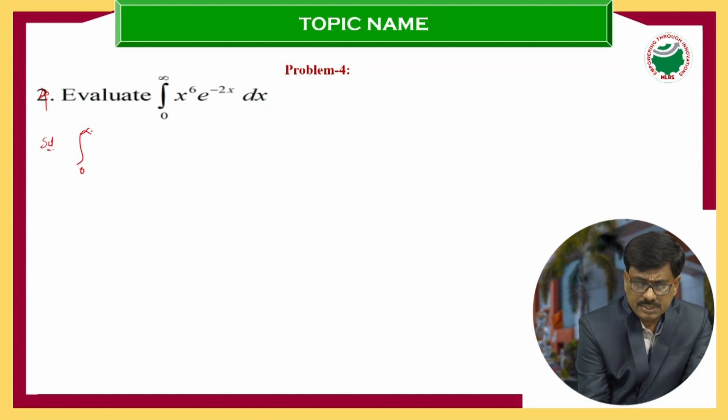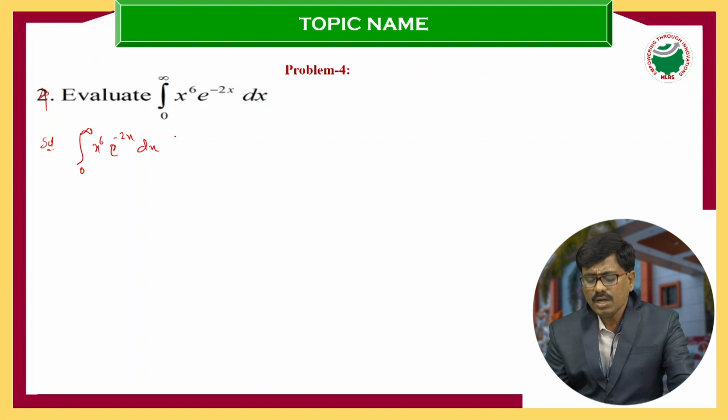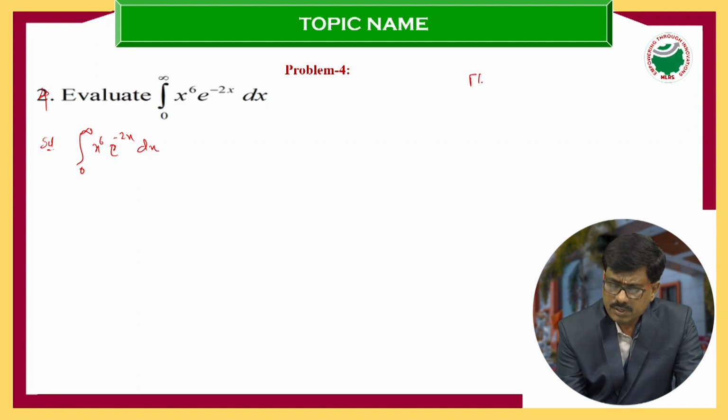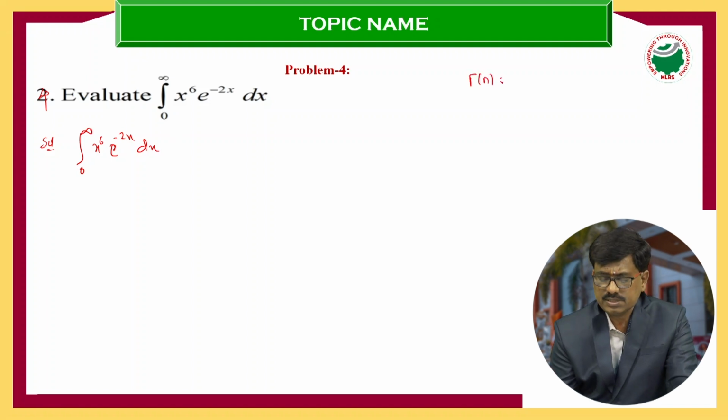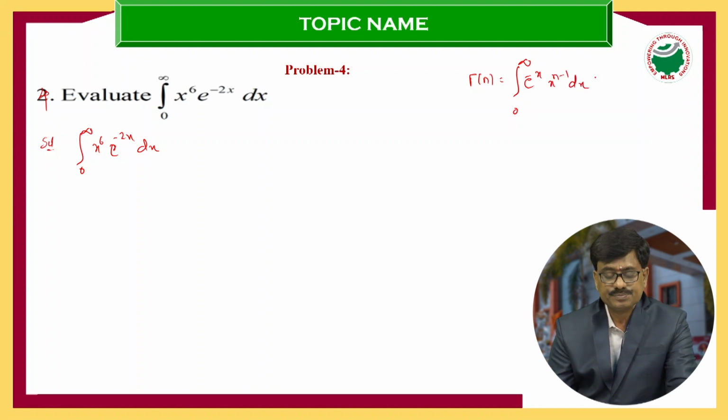Integral 0 to infinity x power 6 into e power minus 2x into dx. Already I told the definition of gamma of n. What is the definition of gamma of n? Integral 0 to infinity e power minus x, x power n minus 1 into dx.